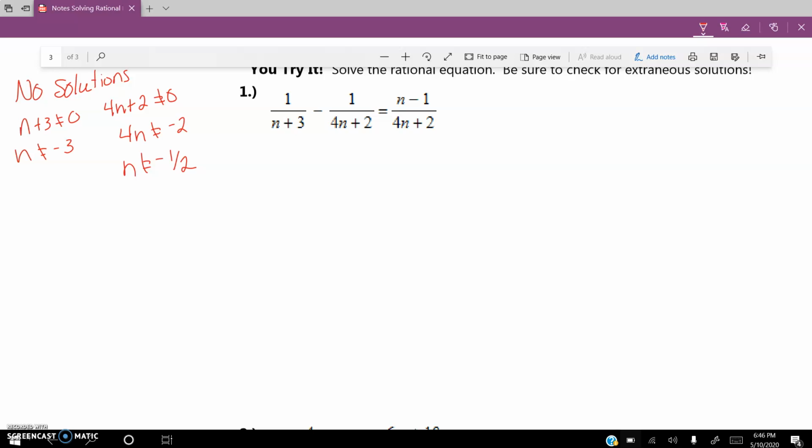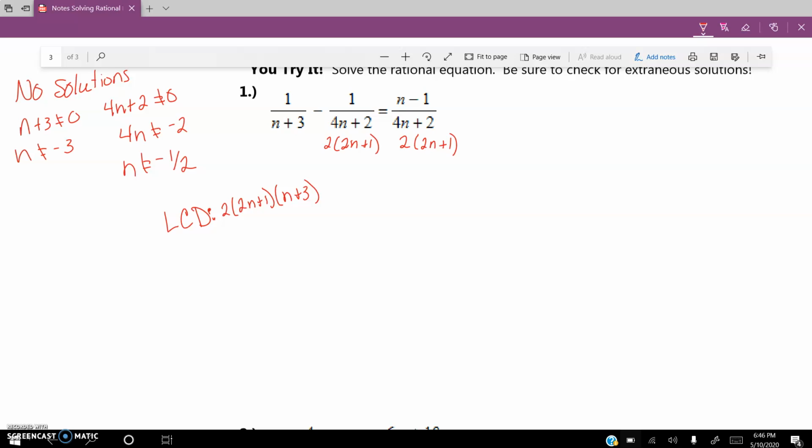So now let's get into our problem. N plus 3 can't be factored. I can pull a 2 out of 4n plus 2 though, which means I can also pull a 2 out of this 4n plus 2. My least common denominator looks like it's going to be 2 times 2n plus 1 times n plus 3.